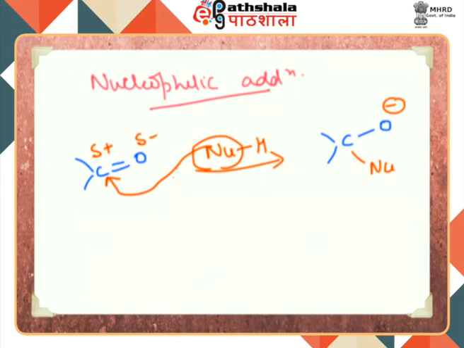The nucleophile has attacked here at the carbonyl and in turn these electrons move here, that is why you are getting this minus charge. Furthermore, the remaining positive part, which here is hydrogen, adds, and what we get is this nucleophilic addition.